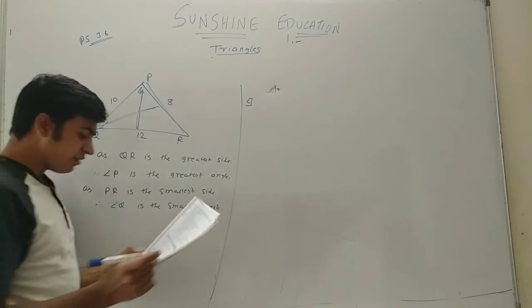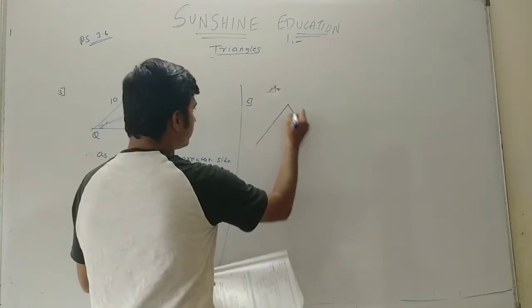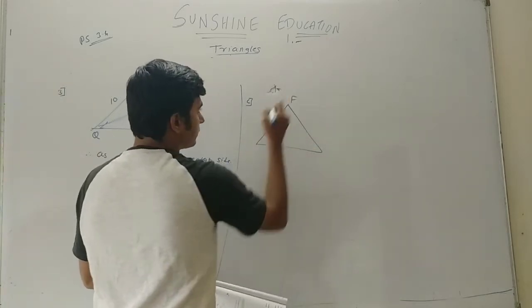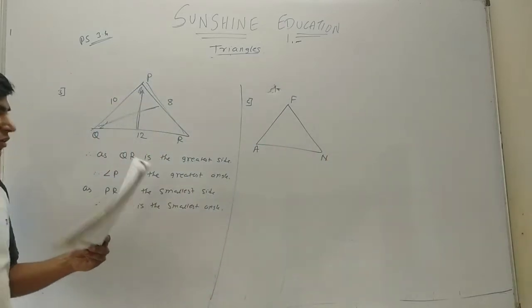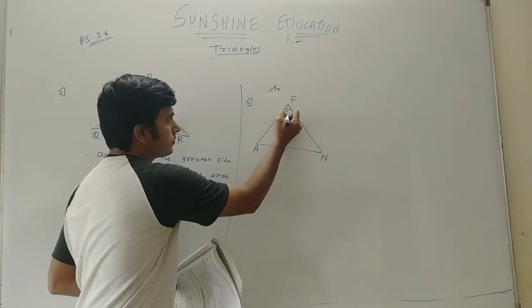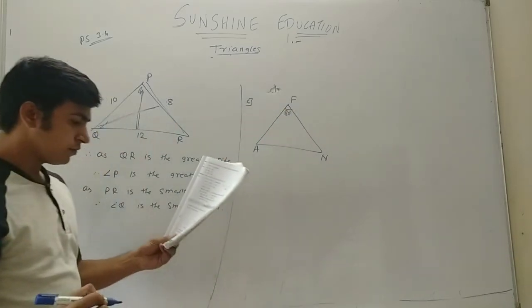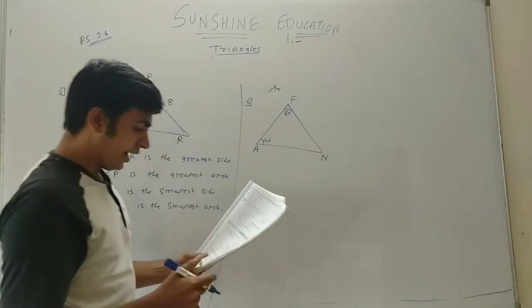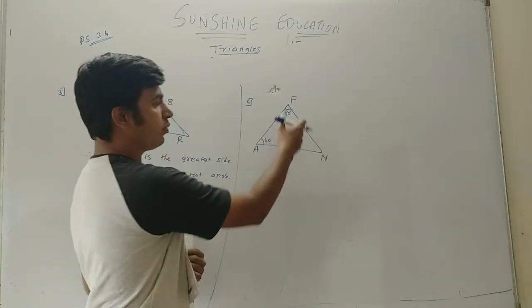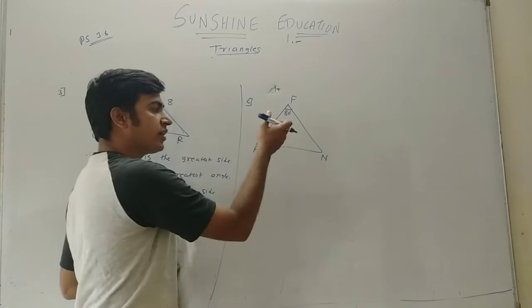In triangle FAN, F is equal to 80 degrees, A is equal to 40 degrees, and N, we don't know. See, sum of all the angles of the triangle I can easily find out. First I will do that.